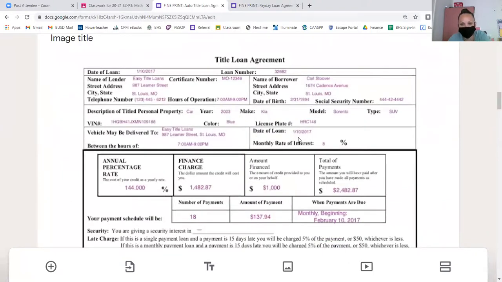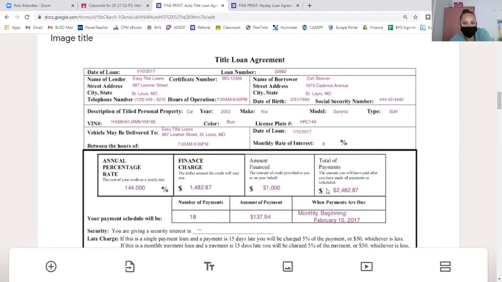The date of the loan was January 10th, 2017. Here, the annual percentage rate is much lower. It's 144%, but that's still ridiculously high. His finance charge, the dollar amount the credit will cost you, $1,482.87. That's how much money they are making off of him by giving him $1,000.